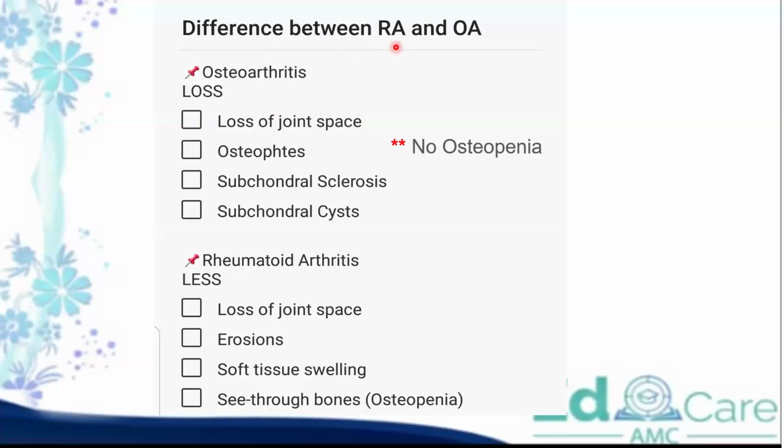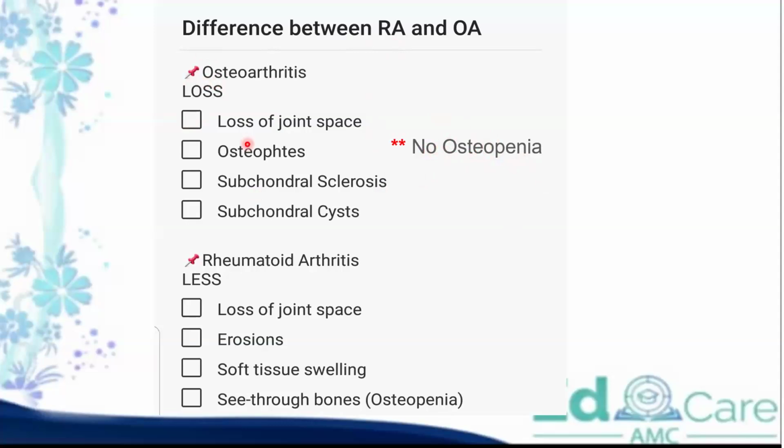They might say symmetrical, they might tell you small joints are affected, and at the end in the X-ray, they'll say there is no osteopenia. Then no osteopenia means osteoarthritis.